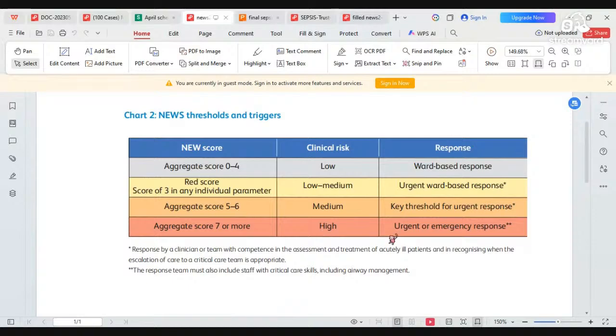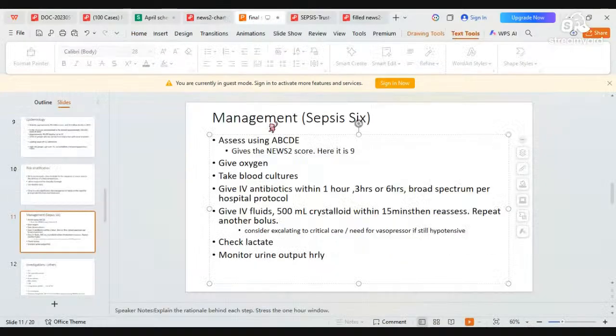You need urgent or emergency response. And down here, it says for this double asterisk, the response team must also include staff with critical care skills. So going back to the index case, she has a NEWS score of 9, and this makes her a high-risk case, where you need to respond immediately.